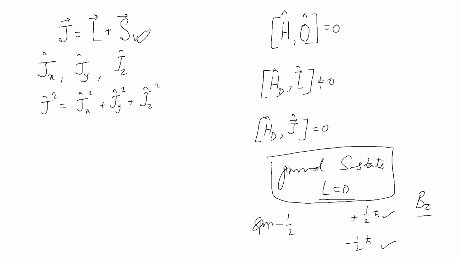There is no classical analog, and one cannot describe spin in any way in classical physics.